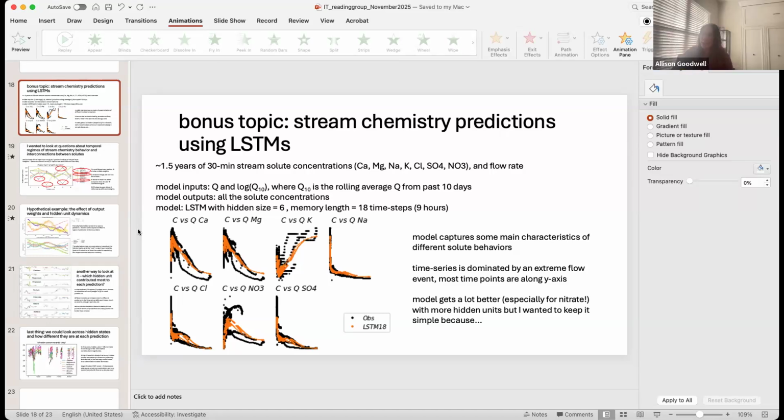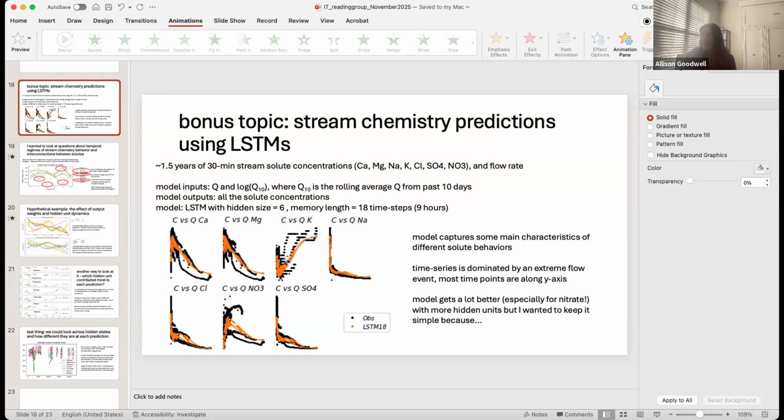Yeah, I think I tried that, and I found that what really helped was just more hidden units. This looks way better. All of the hysteresis is captured if I made this 12 or 18 or something. I forgot what the bound was where I started really getting hysteresis.